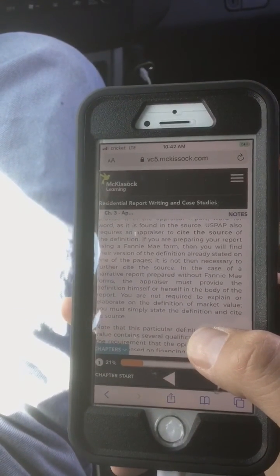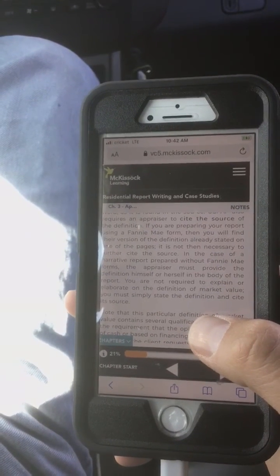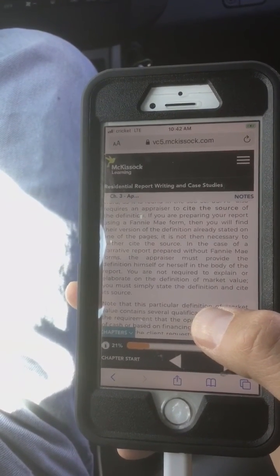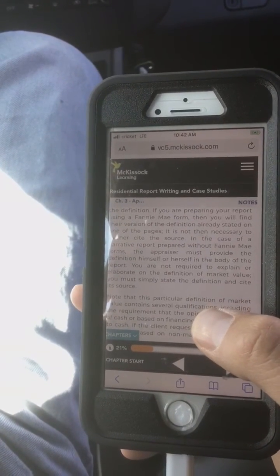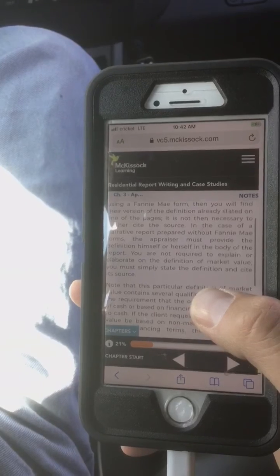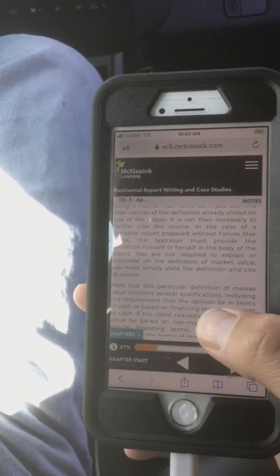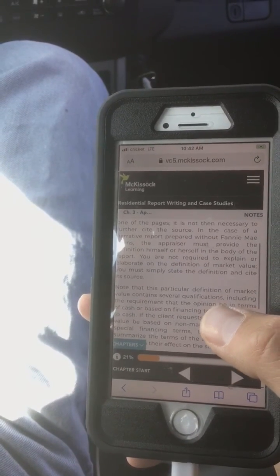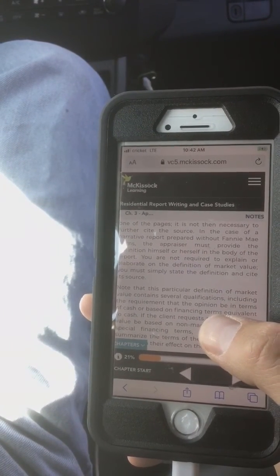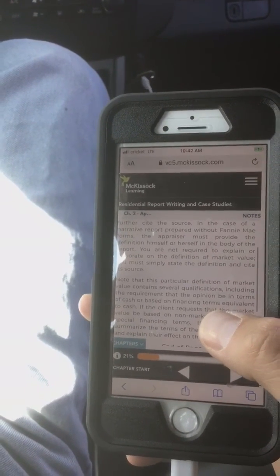USPAP also requires an appraiser to cite the source of the definition. If you are preparing your report using a Fannie Mae form, then you will find their version of the definition already stated on one of the pages. It is not then necessary to further cite the source.